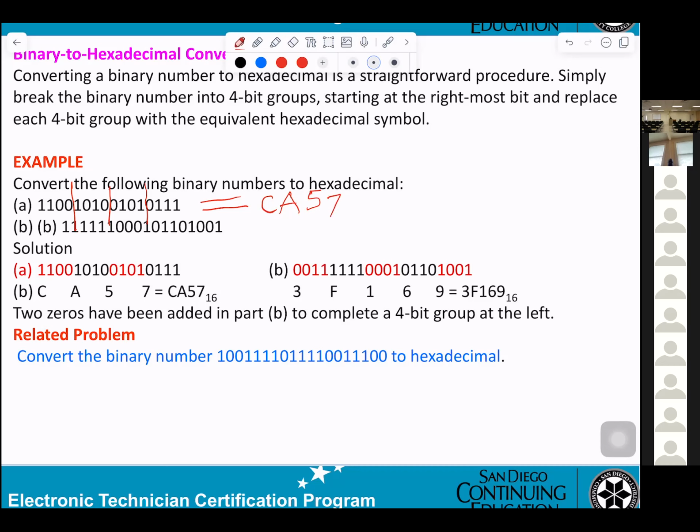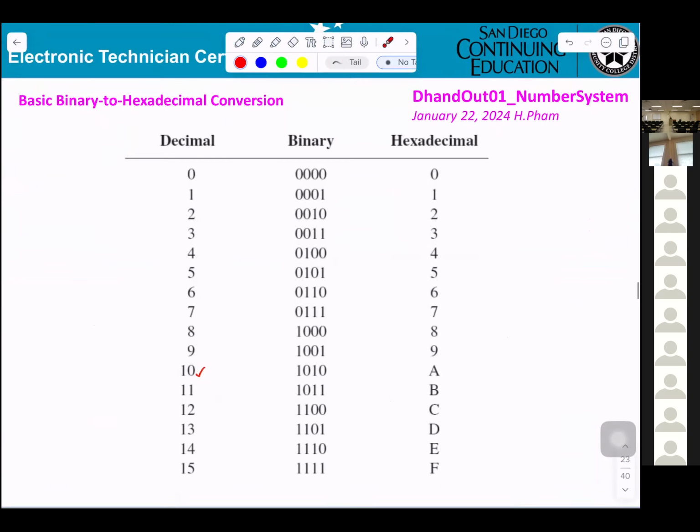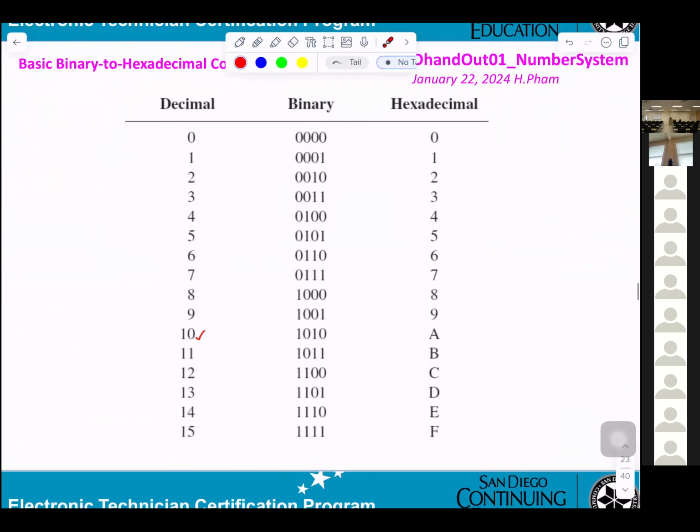If you know how to do it, that's very easy. Okay? So that's what you need to go through. For example, a related problem here. You try to do it. This is the table. Using it all the time. If you don't know, you're looking into the table. Okay? 1, 1, 1, 1.